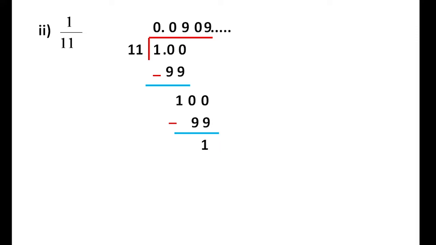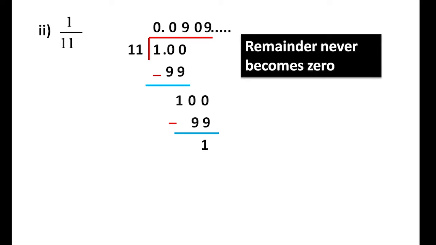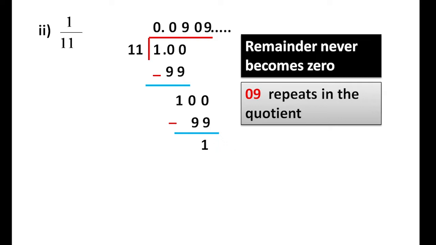So we can put dots, or another method: here the remainder never becomes 0 and in the quotient 09 repeats. So only 2 digits. Over those digits you can put a line segment.